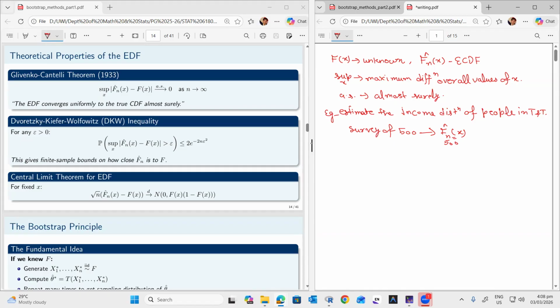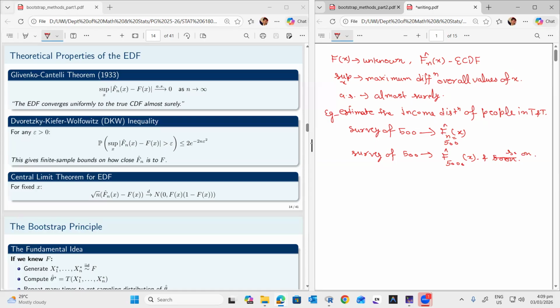Then I will get one empirical CDF, and then I will calculate a survey of 5,000 people, and I will again calculate the empirical CDF with respect to those 5,000 values, and so on.